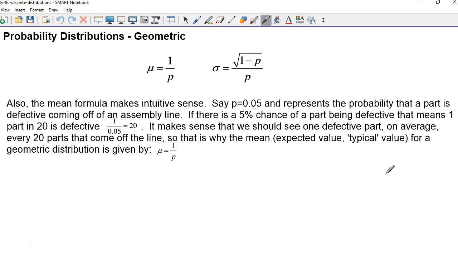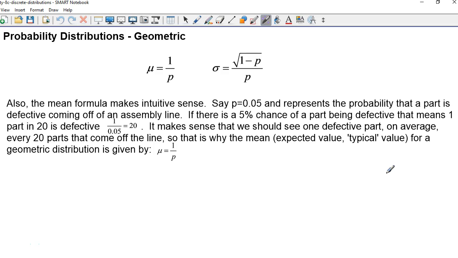The mean formula kind of makes intuitive sense in the geometric case also. Let's say that we had some other situation, like we're finding the probability that a part is defective coming off of an assembly line, and let's say the probability of a defect is 5%. There's a 5% chance of a part being defective. Well, that means that 1 part in every 20 is defective.